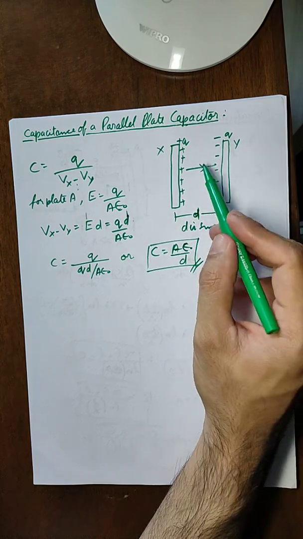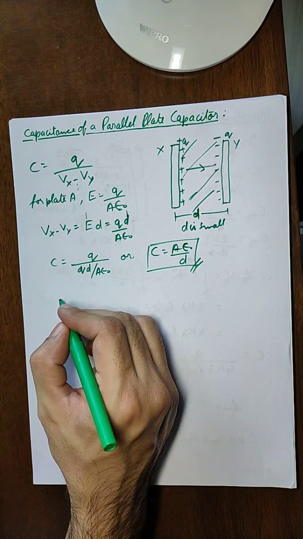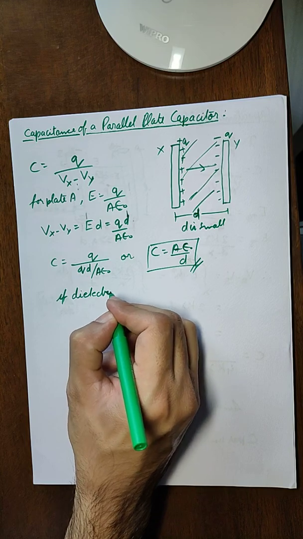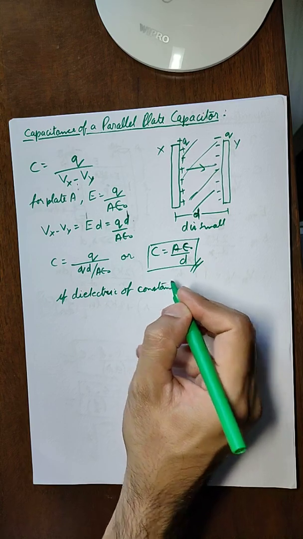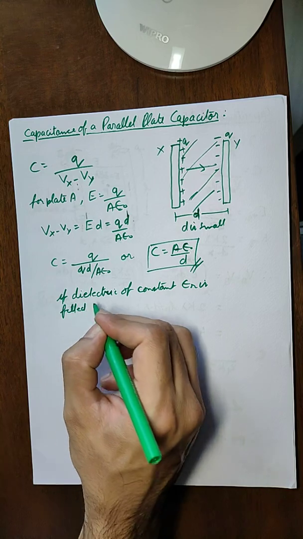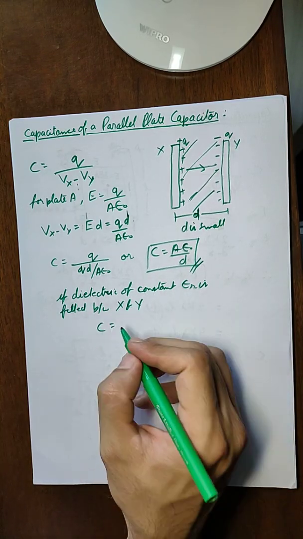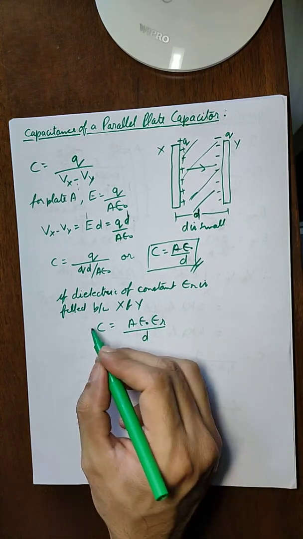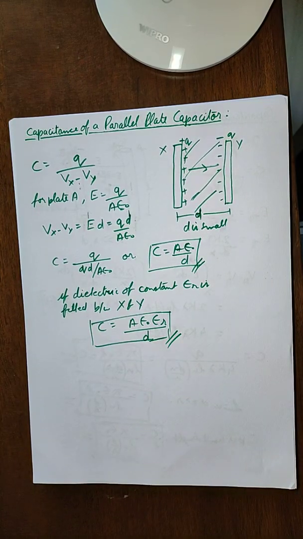And suppose we have some dielectric between the two plates, if a dielectric of dielectric constant epsilon r is filled between X and Y, then in that case C will become equal to A epsilon naught epsilon r upon d. So both of these equations you should remember, they are very important.